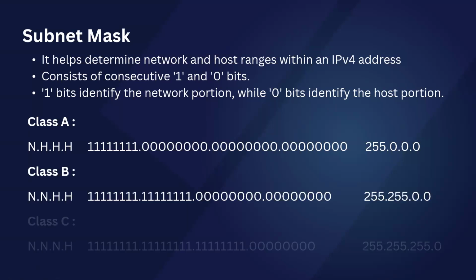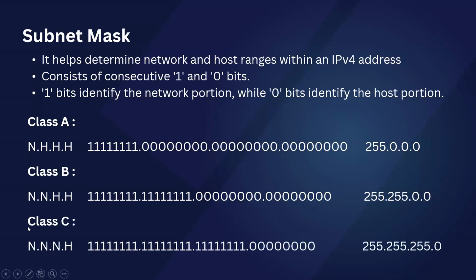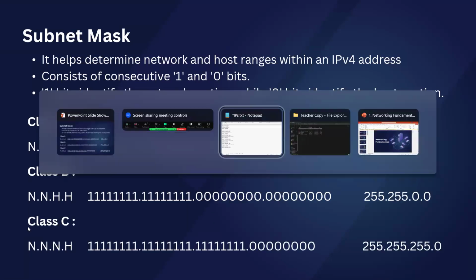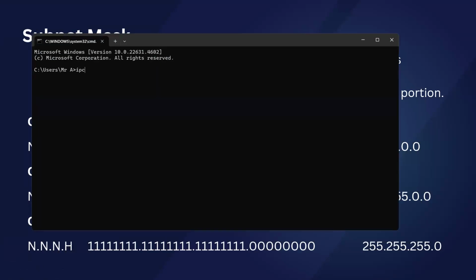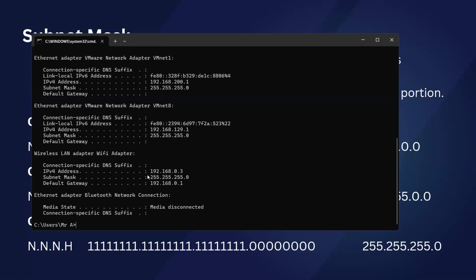In my scenario here, I'm getting a class C IP, so the subnet mask is 255.255.255.0. If I open up my command prompt, you can see it's 255.255.255.0. That's a class C subnet mask. So my computer understands, okay, since I belong to class C, the range would be from 192.168.0.1 to 255, and I can only communicate with a maximum of 255 IPs, not more than that.